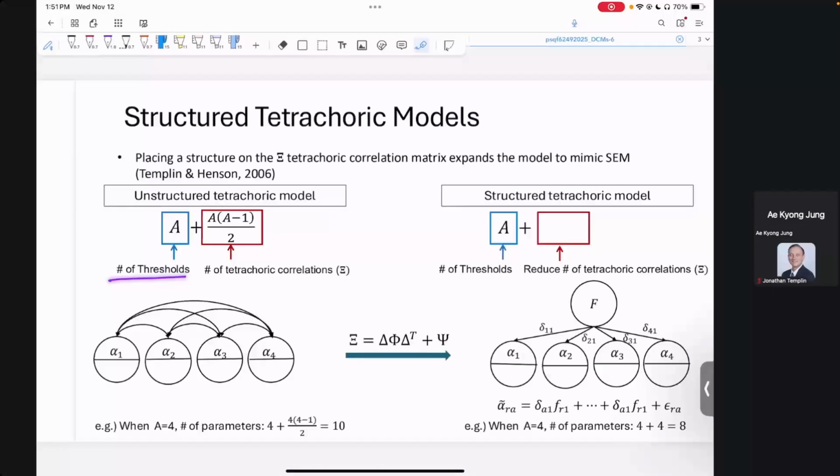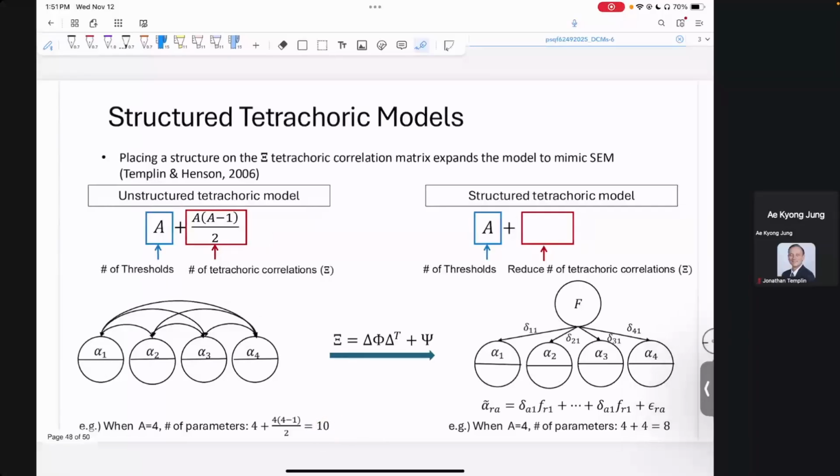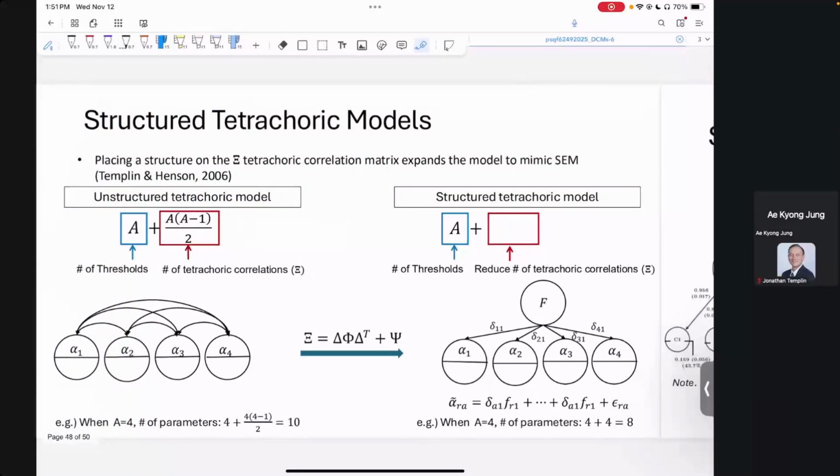So there are 4 thresholds to estimate, and there are 6 correlations. So totally we have 10 parameters to estimate. But that is still a lot for us. So we want to reduce that by a structured tetrachoric model. Because if they are highly correlated with each other, we can assume that there is a higher order factor.